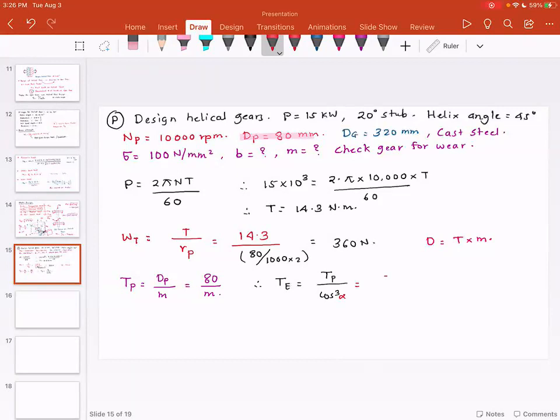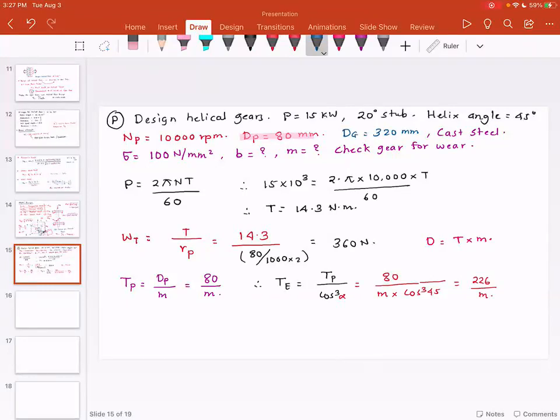So 80 M divided by cosine cube 45 degrees gives me 226 M. Now I need to go back to the spur gear chapter.